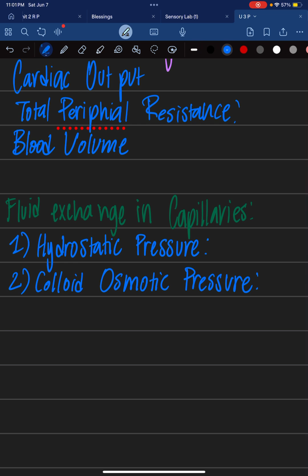And then we are going to talk about edema. A good example of this is heart failure.